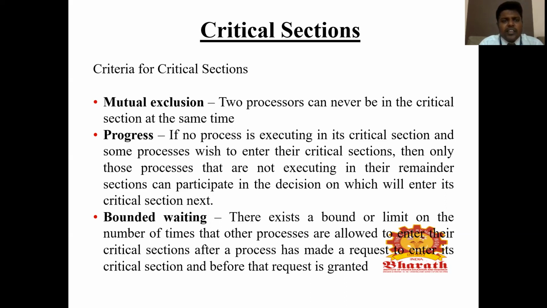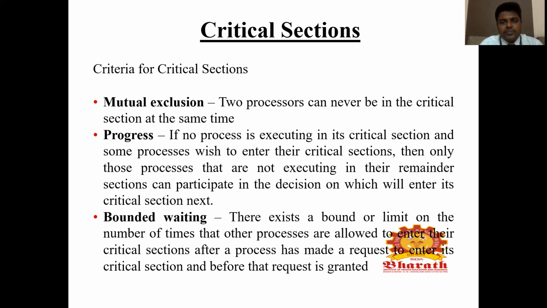There are some criteria for critical sections: mutual exclusion, progress, and bounded waiting. We'll see them one by one.